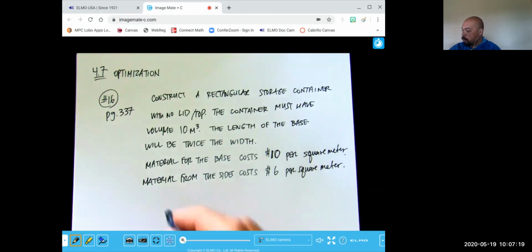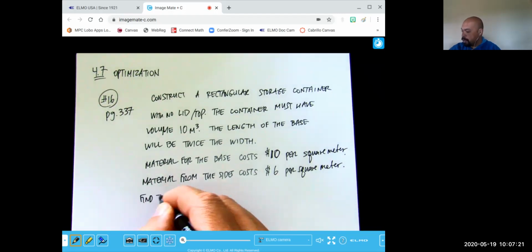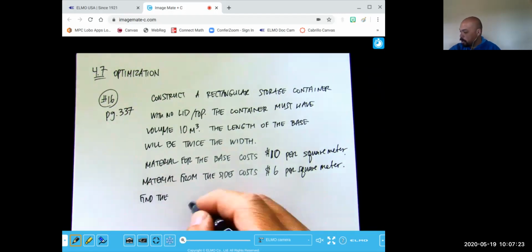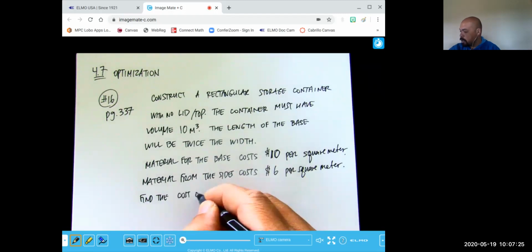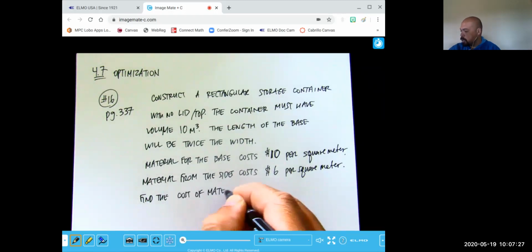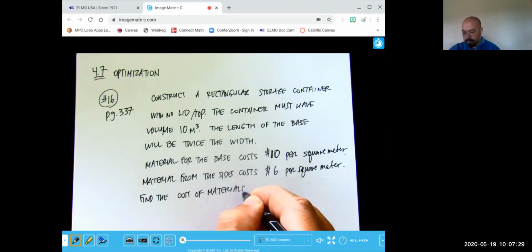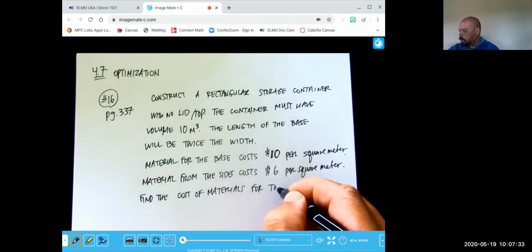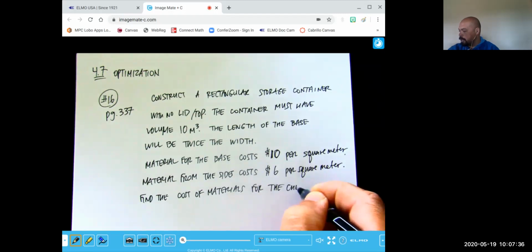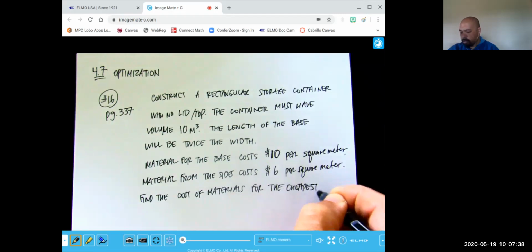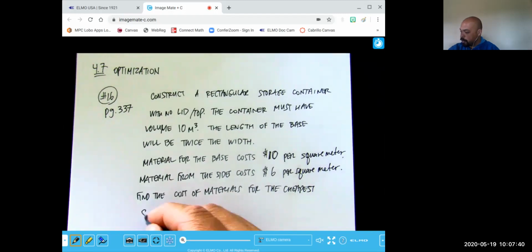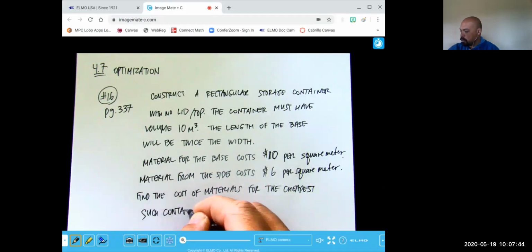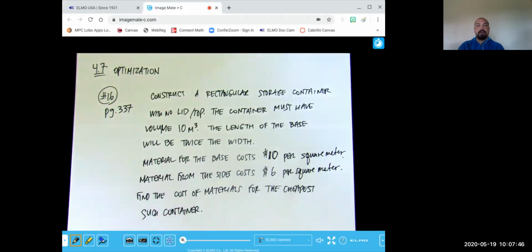So now what we want to do, we want to find the cost of materials for the cheapest such container. Right, and so again, we're going to draw a picture.